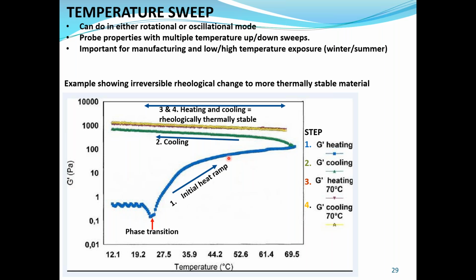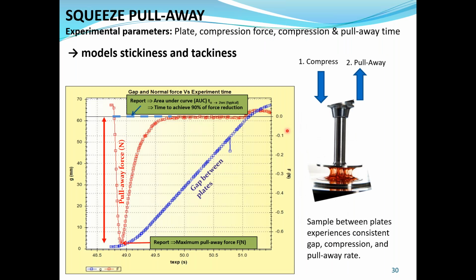However, as it's heated, that greatly increases, because we're looking at a log scale here, and then it's cooled. So this is a very different material now. However, if we heat it again and cool it again, we see that now we have a rheologically, thermally stable material. It's very different from what we started with.